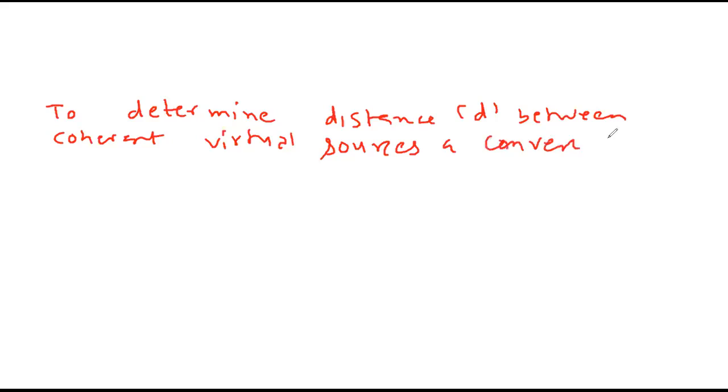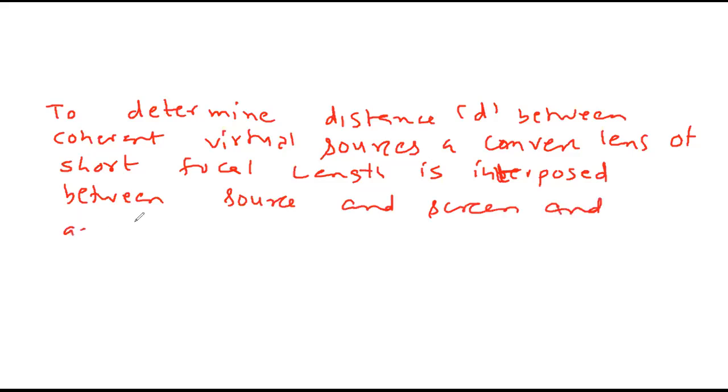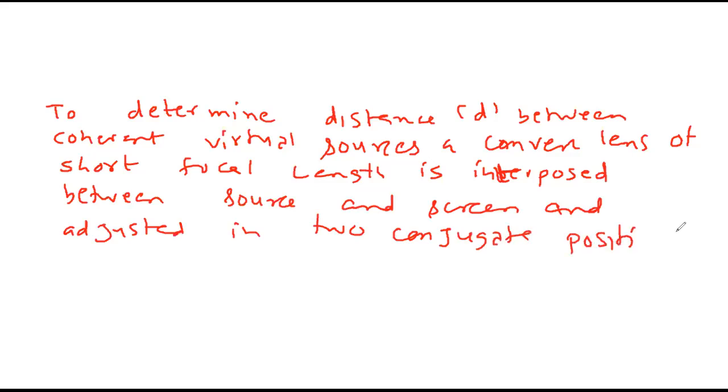Interposed means in between. The lens is interposed between source and screen and adjusted in two conjugate positions L1, L2.